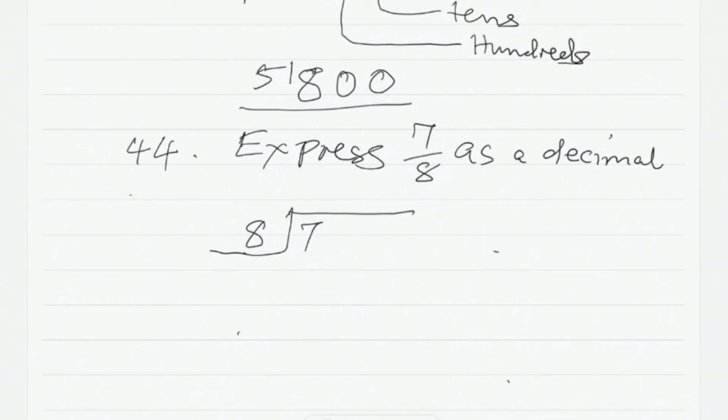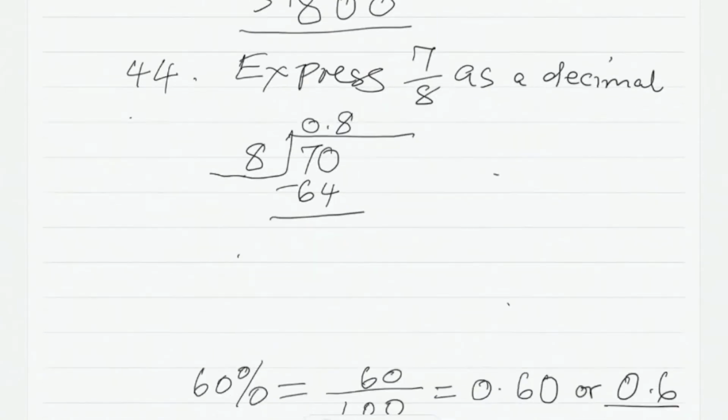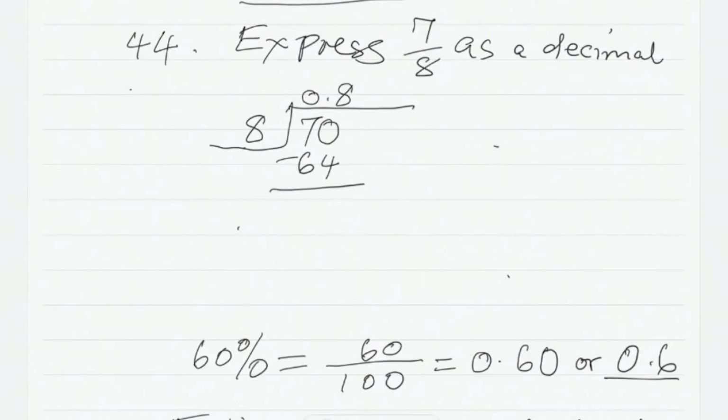So how many times can 8 go into 7? It cannot. We write 0 and put a point, add 0 to 7. How many times can 8 go into 70? That is 8 times. 8 times 8, it gives us 64. Then 70 minus 64, it gives us 6, not 60.